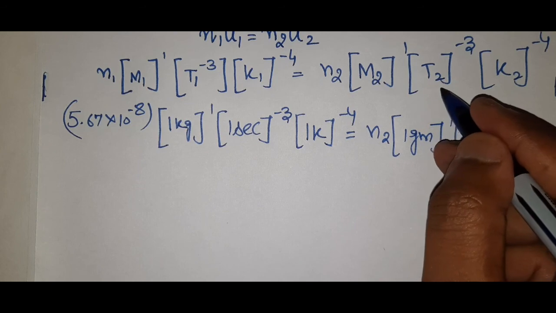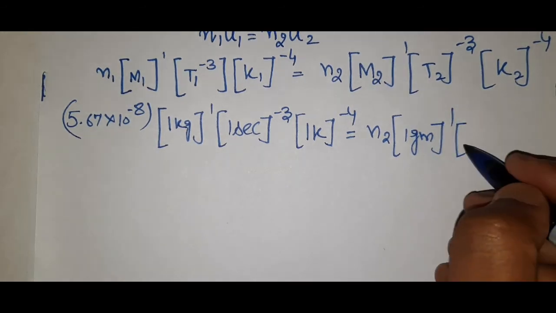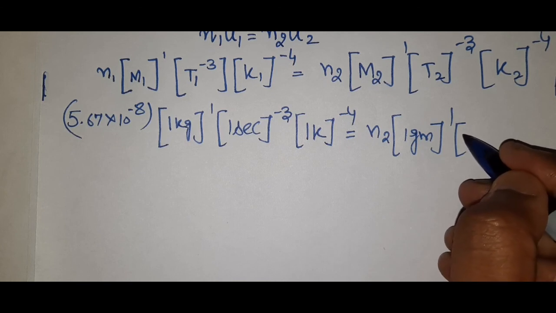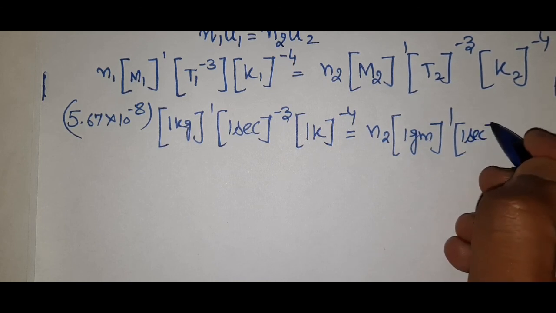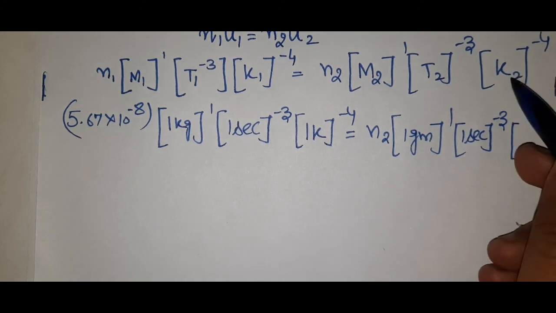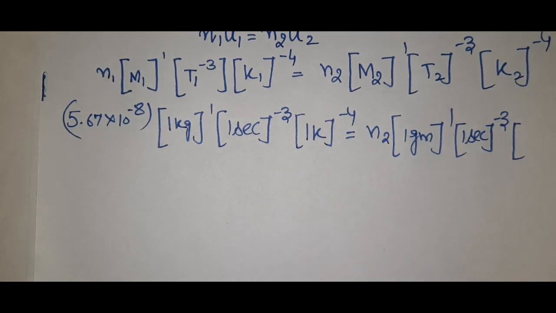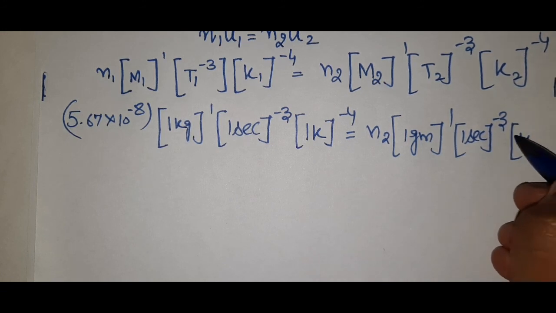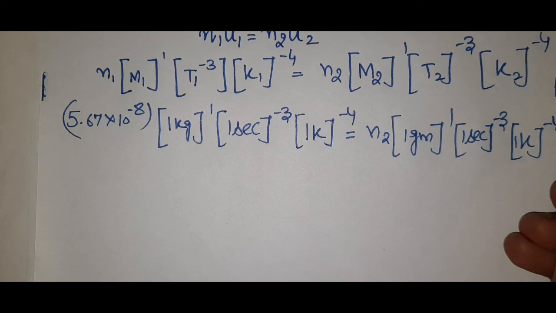Time remains the same, second in SI as well as CGS, so 1 second raised to minus 3. Temperature is the same for SI as well as CGS, Kelvin, 1 K raised to minus 4.